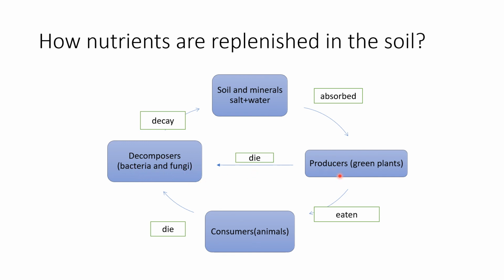Or the producer can also die directly. It is also decomposed by bacteria and fungi. We know bacteria and fungi are called saprophytes. They use their digestive juice for breaking down the dead or decaying organism, and after breaking down they make it into simple substances that are mixed into the soil again.